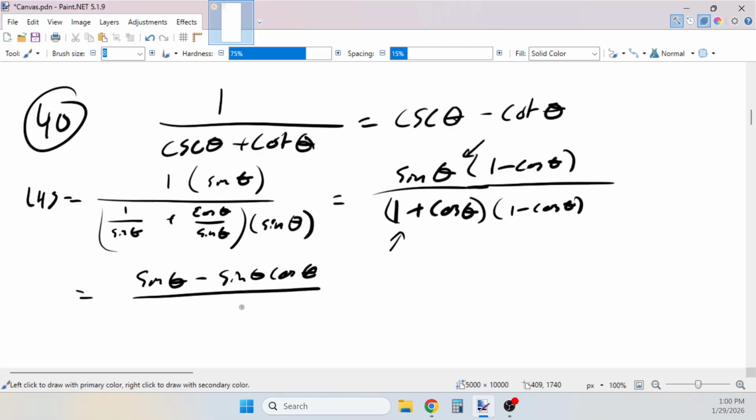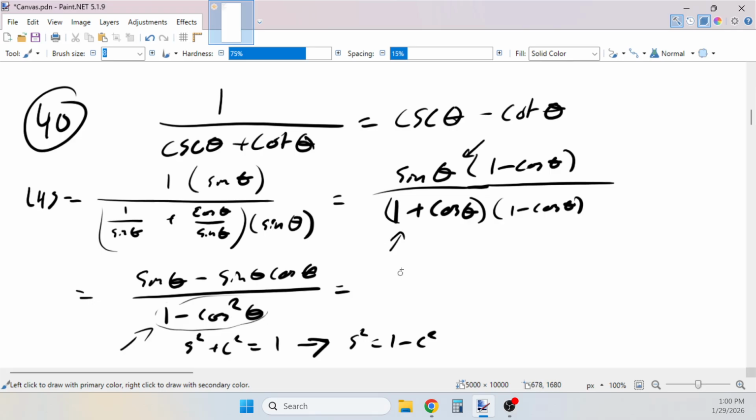On the bottom, I'm going to get 1 minus cosine squared theta. This is a version of the Pythagorean identity. Remember, sine squared theta plus cosine squared theta equals 1. Well, if I subtract cosine squared theta from both sides, I get sine squared theta equals 1 minus cosine squared theta. That's what I have.